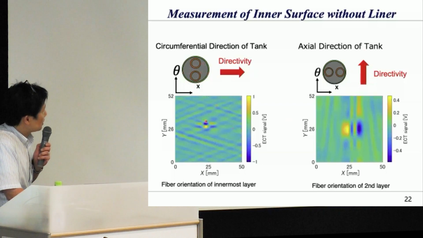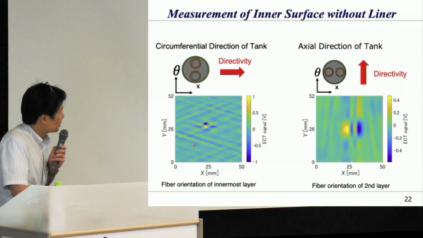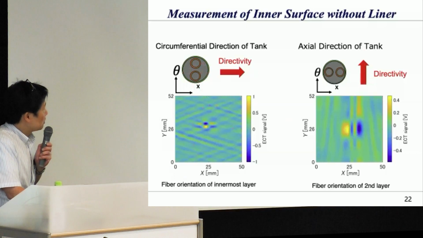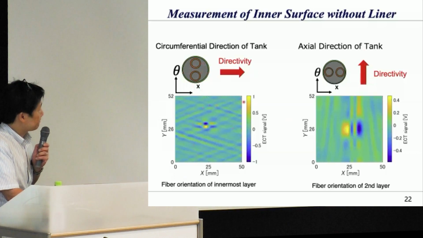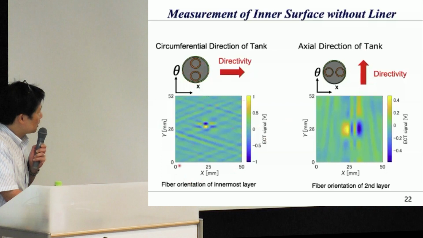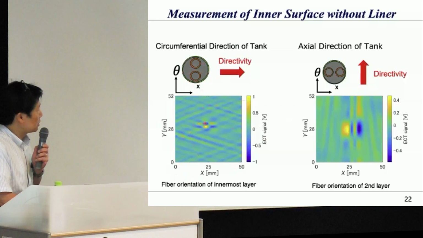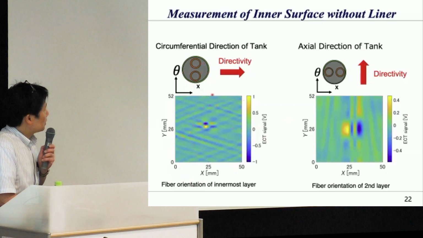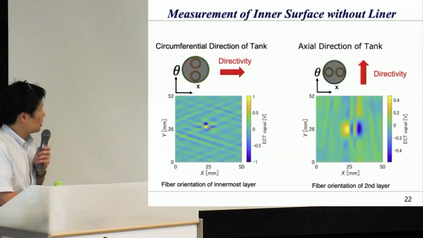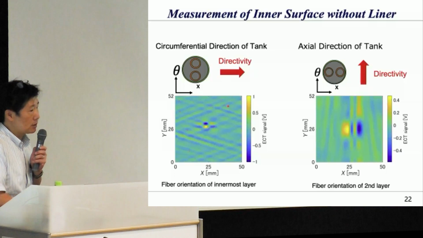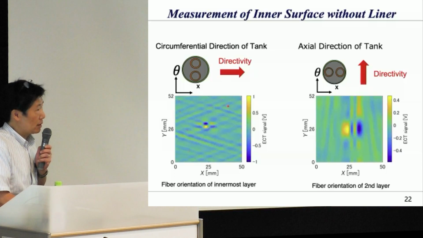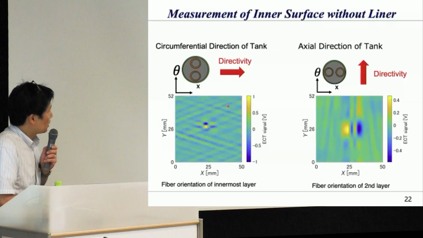this way, and after the two-dimensional scan, we can get the two-dimensional eddy current signal like this. This is a drill hole indication, and this pattern corresponds to a fiber bundle of the hydrogen tank.